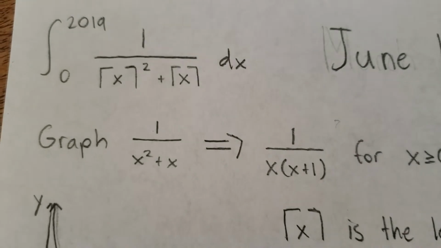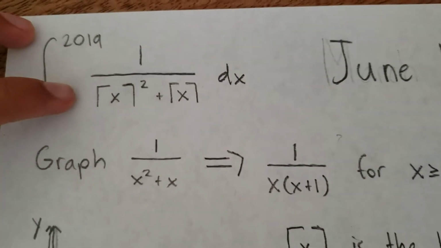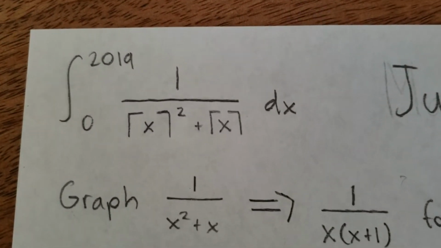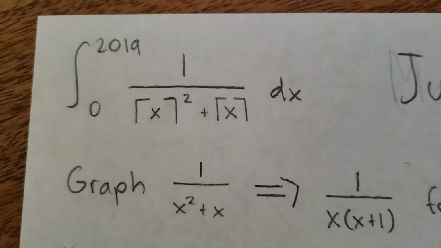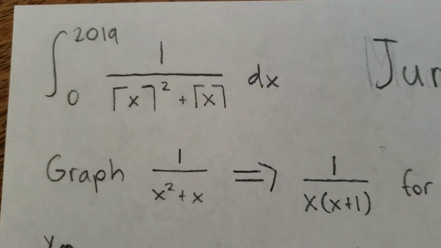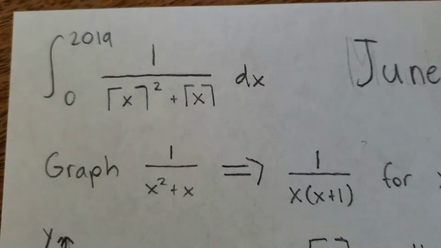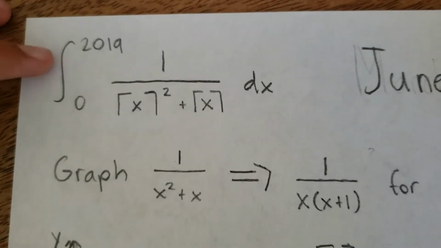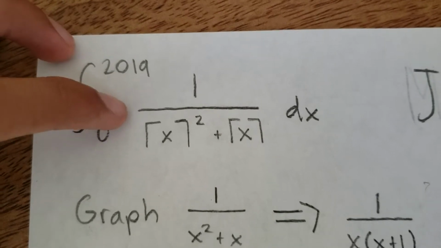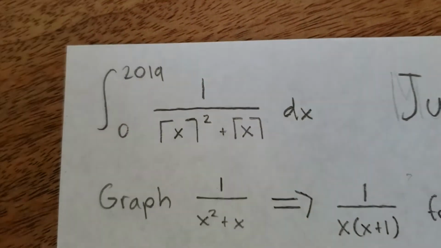So now that we know the definition of these brackets over here, how in the world would we apply it so that we could solve this integral? What we can do is simplify this problem by interpreting this integral as asking us the area under this curve from 0 to 2019.